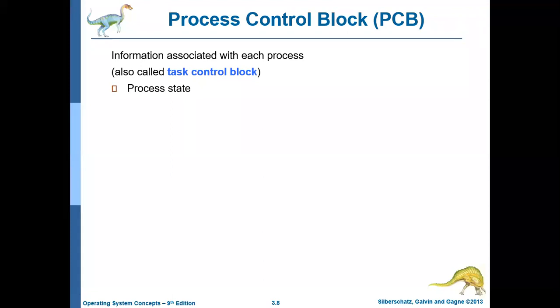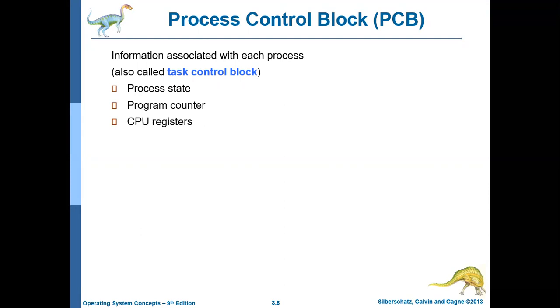Then the PCB also includes the program counter, which contains the address of the next instruction to be executed. Then the PCB also includes the values of the CPU registers.